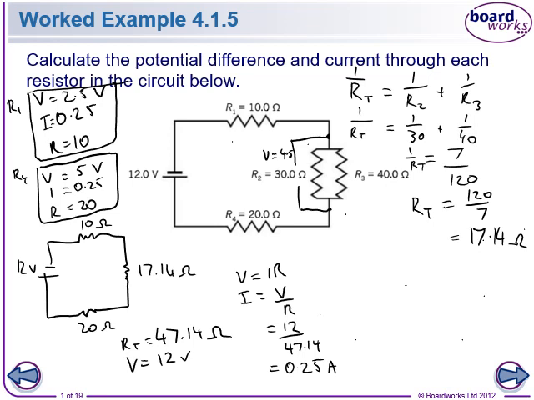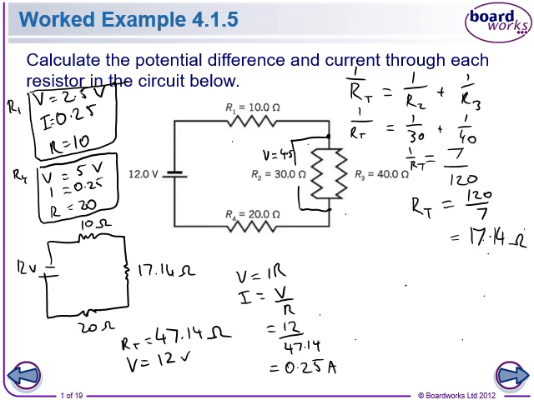Because, remember, in a parallel circuit, what do you know about the voltages going through R2 and R3? They're the same. They must be exactly the same. Because remember, voltage is how much energy a coulomb of charge is carrying. Our coulombs are carrying the same amount of energy, regardless of which branch they go down.